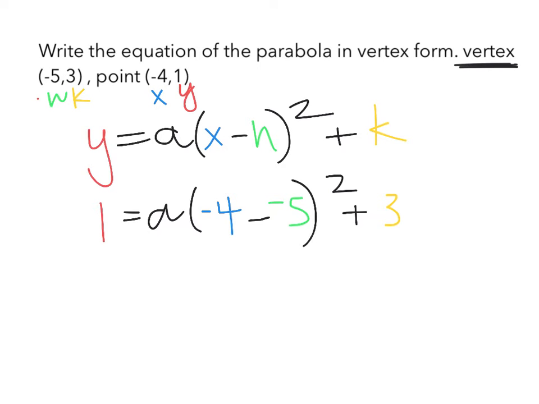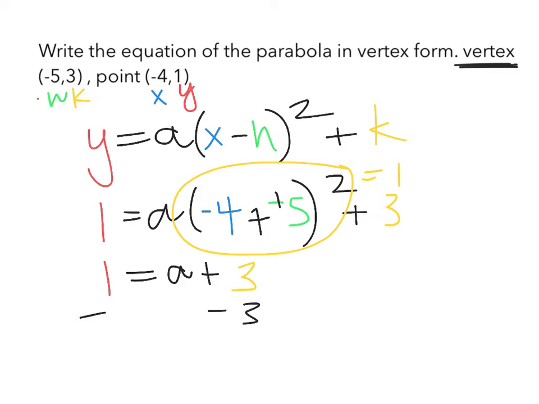If you do know, you can change that to a plus, so that ends up being that 1 is equal to A times 1. Negative 4 plus 5 is 1. 1 squared is 1, so I really don't have to add anything on there. Plus 3. So this all turned into a 1. Okay? Now I'm going to subtract 3 from both sides, and I get negative 2 is equal to A.